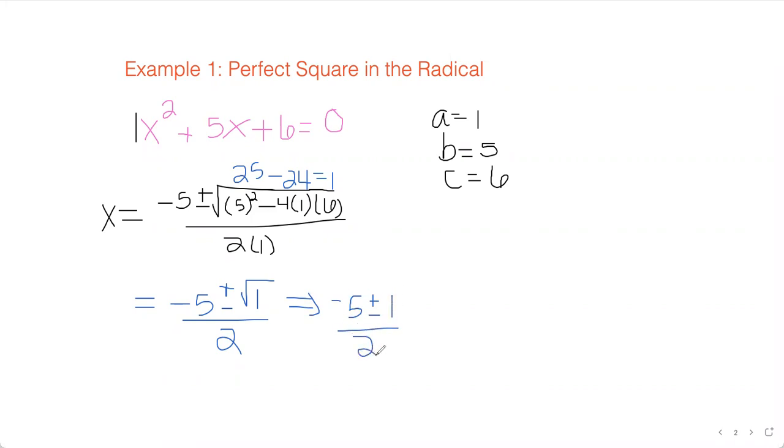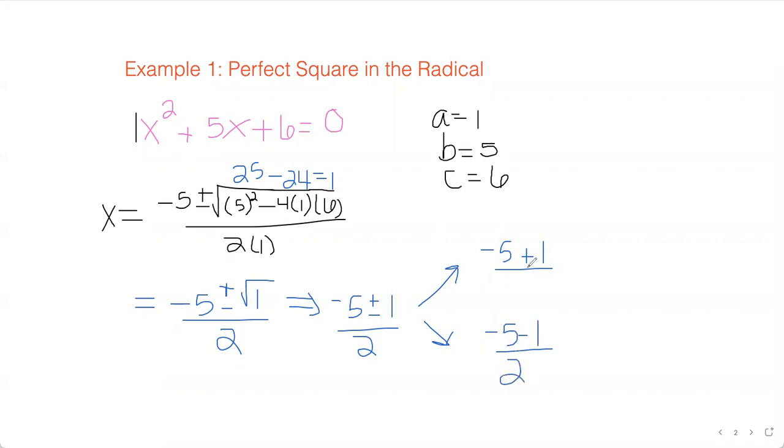Remember, when you take the square root of x, it's plus or minus, like in the problems we just worked on. So we're going to split this into 2 different problems: negative 5 plus 1 over 2 and negative 5 minus 1 over 2.